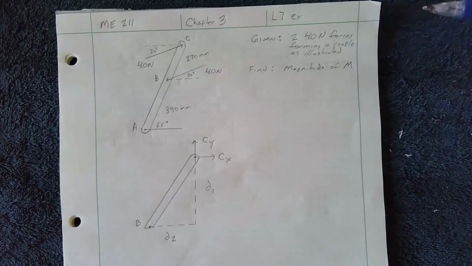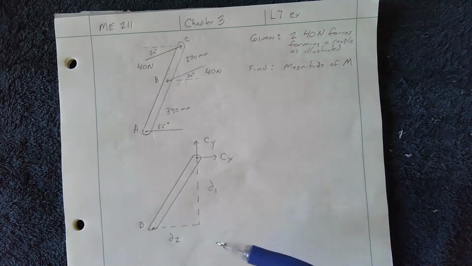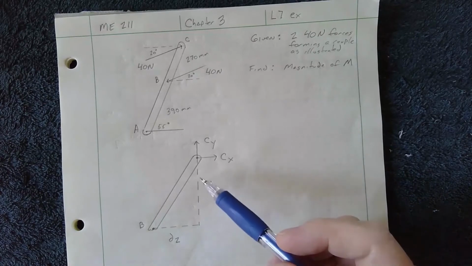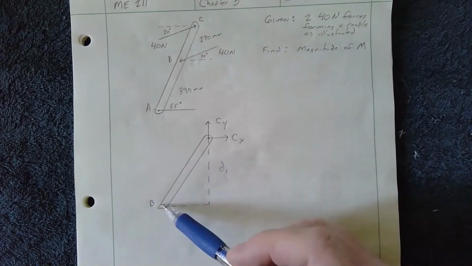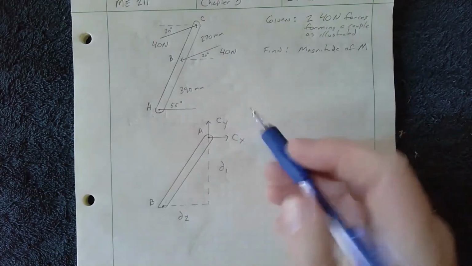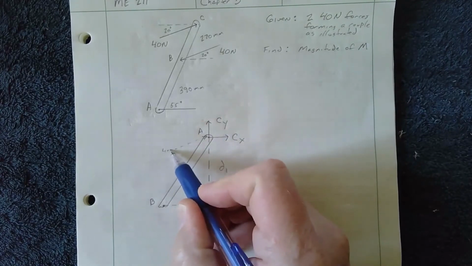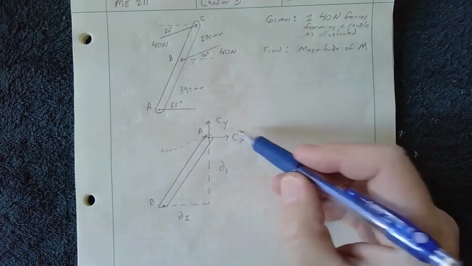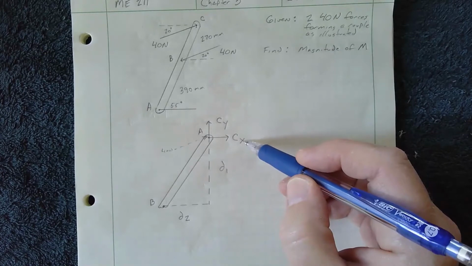In the first method, we're going to find components and then add those components together. So I have drawn a piece of the rod just from point B up to point A. Here we have the force that was originally applied, the 40 newtons, and at point A, I've broken it up into Cy and Cx, just the two components of the force.